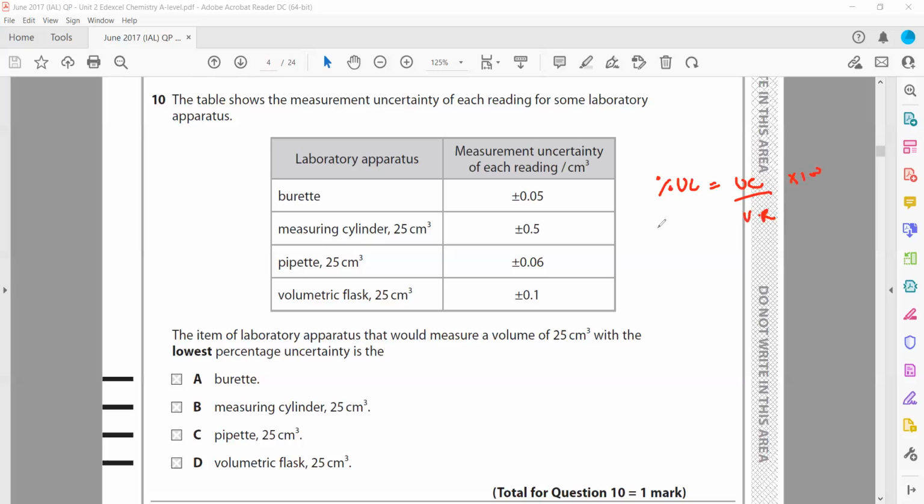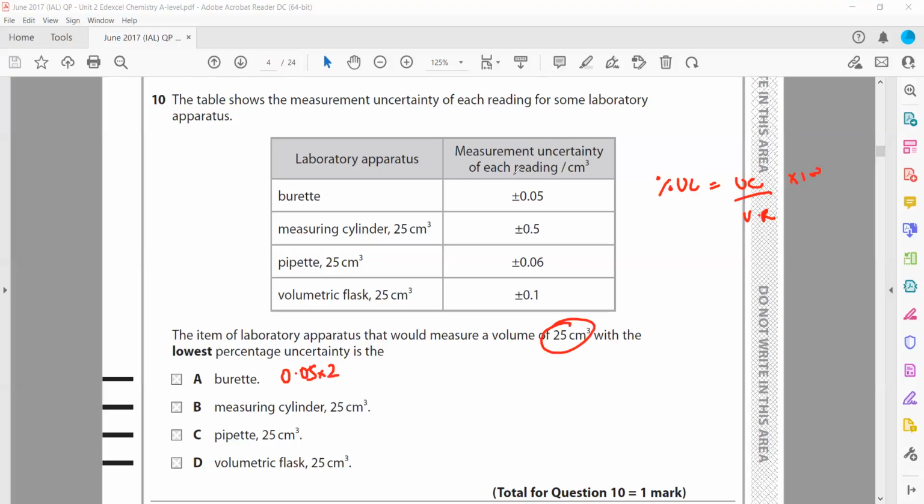If we are using the apparatus twice, for example a burette, when we measure the volume we measure the initial volume and the final volume. So we read the burette twice. That's why the uncertainty will always be twice. So to measure 25 cm3 of liquid with a burette, the uncertainty of a burette is 0.05 times 2, why times 2?